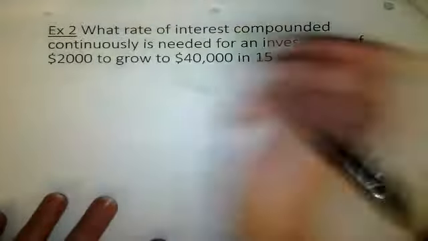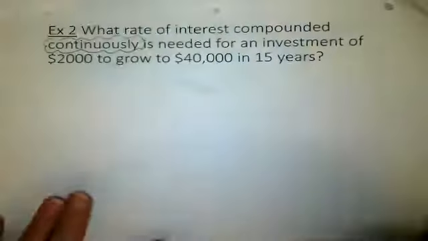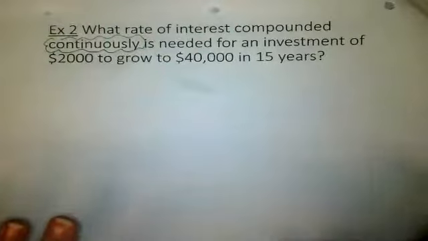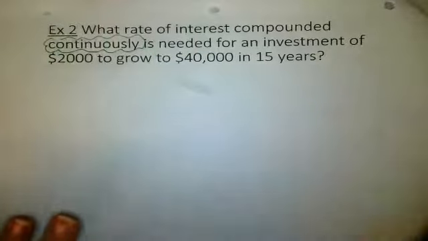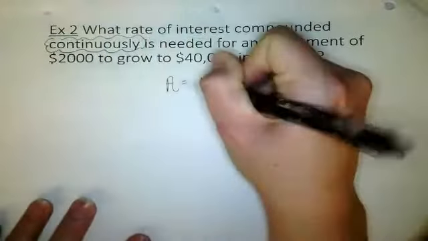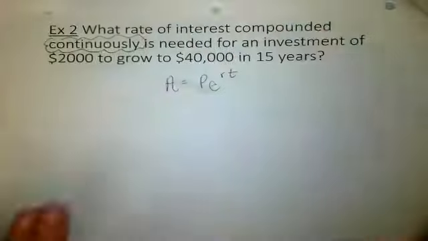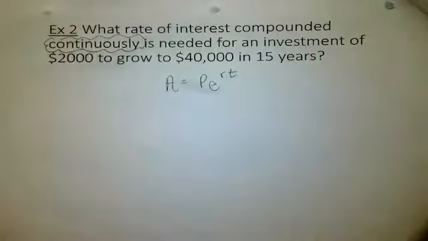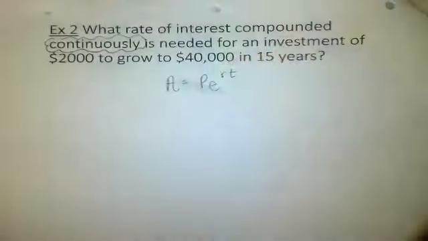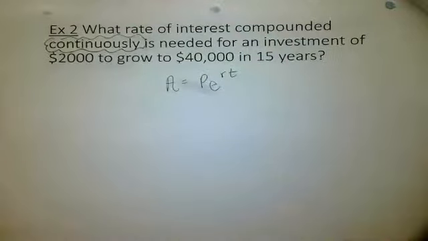All right. So this is compounded continuously. What formula do we use for compounding? A equals P times e to the RT. What is e? Not quite 3. Very good.